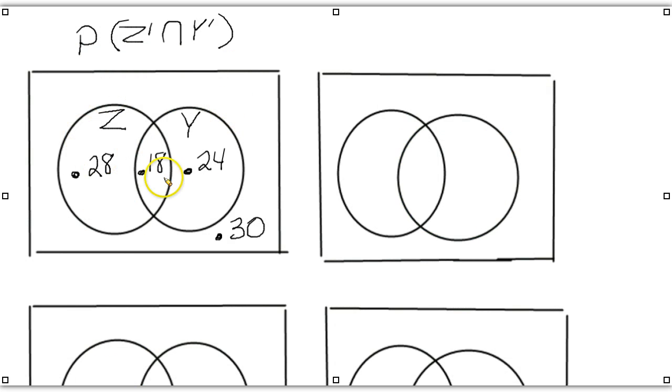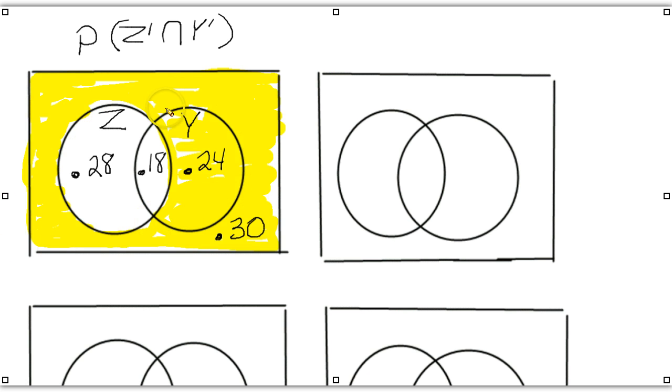So now that we have our values, this is the universe, we're looking for the complement of Z intersecting with the complement of Y. So let's shade the complement of Z first.